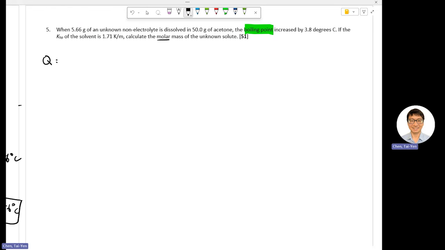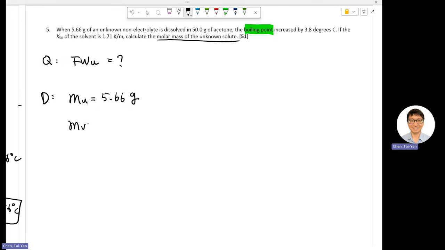But the thing we want to solve here is different, because we want to know the molar mass, the formula weight of your solute. Once you know what you're looking for, start to write down the things. The mass of your solute is 5.6 gram.